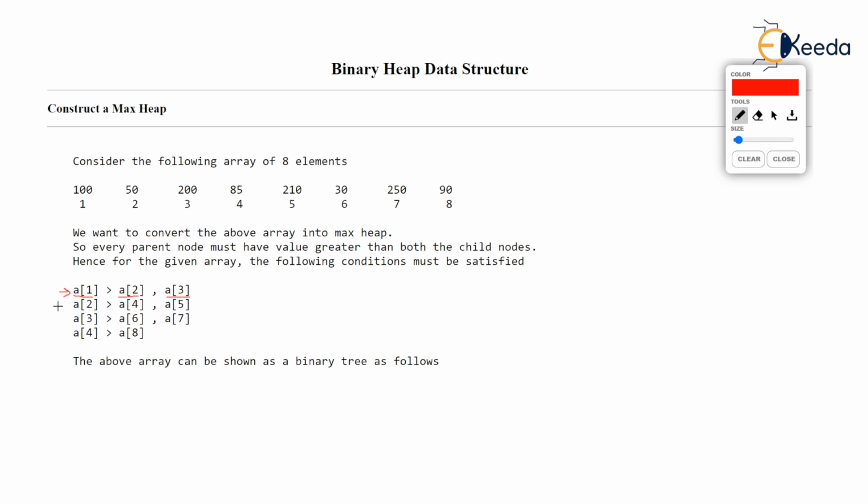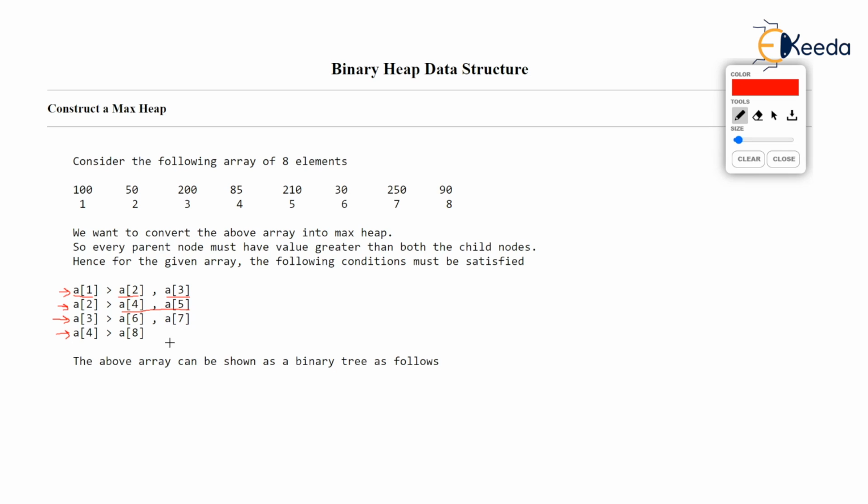Also, the second element of the array must be greater than the fourth and fifth, because 2 into 2, that is 4, is the left child, and 2 into 2 plus 1, 5, is the right child. So A2 must be greater than A4 and A5. Also A3 must be greater than A6 and A7, because A6 and A7 are the left and right child of A3, and A4 must be greater than A8.